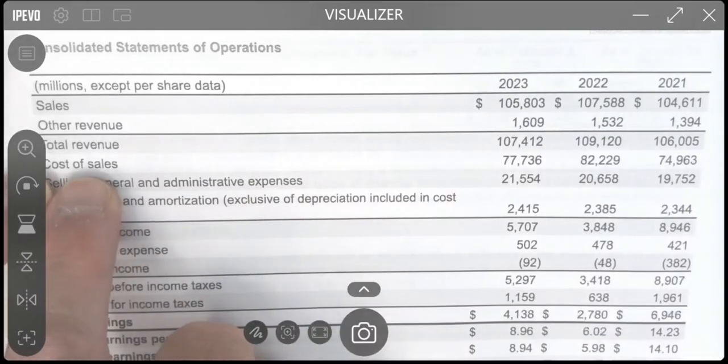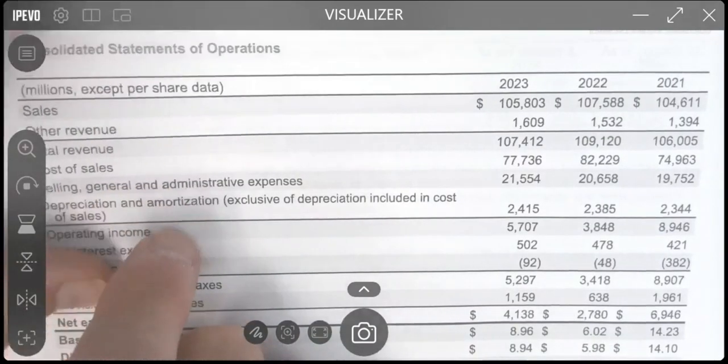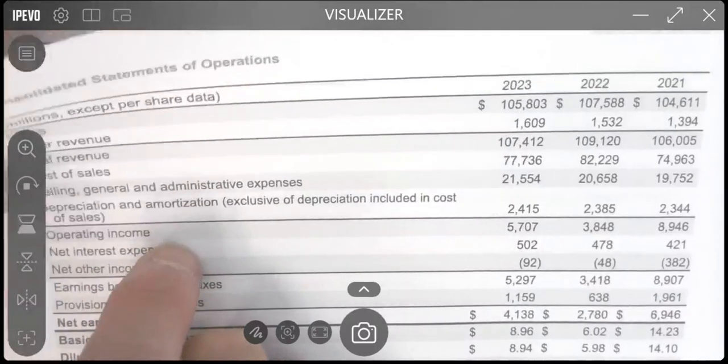And there's cost of sales. That's the expensing of the inventory asset as the units of inventory are sold.